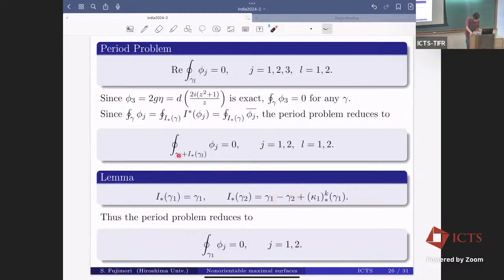So gamma 1 minus gamma 2 cancels, and gamma 1 plus something gamma 1. By using the previous result, this solves if and only if gamma 1 solves. So we have this. Now we have 2 equations. We can reduce to 2 equations.